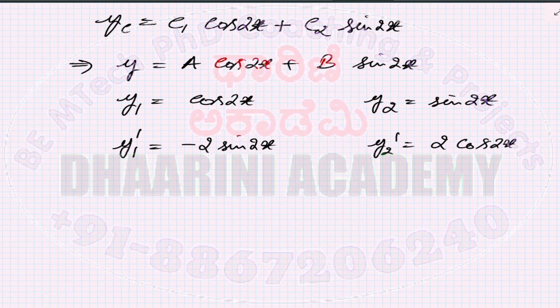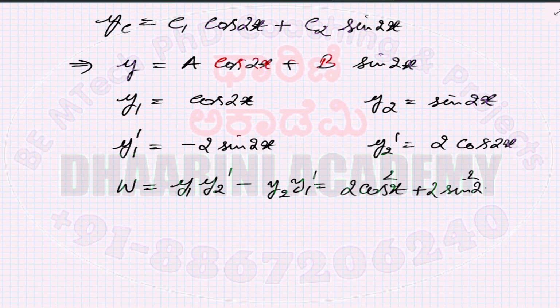All right, now let us substitute. Before that we need w, correct? So how to calculate w? Let's write w first. w is equal to y1 into y2 dash minus y2 into y1 dash. So y1 into y2 dash will be 2 times cos square 2x, minus of minus is plus 2 times sin square 2x.